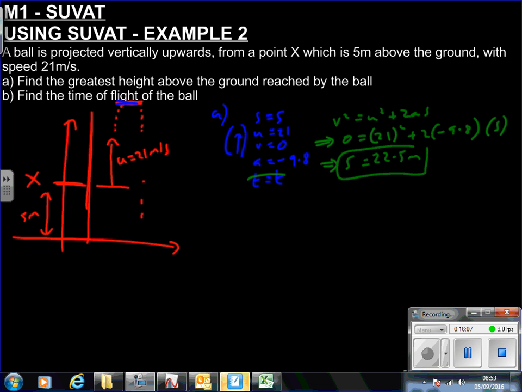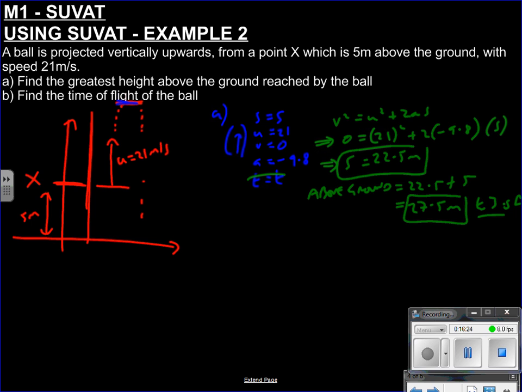But it asks for the greatest height above the ground, so above ground equals 22.5 plus 5 meters, which is 27.5 meters. And this is 3 SF because we worked with g. And remember, if we're working with g, that's 2 SF, so the maximum we can give our answer to is 3 SF.